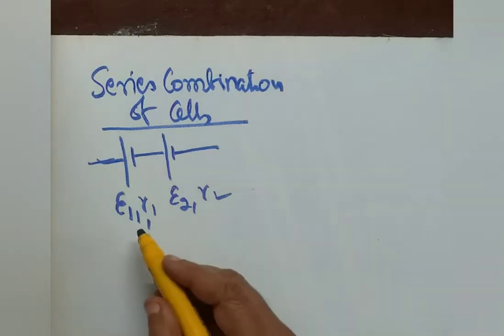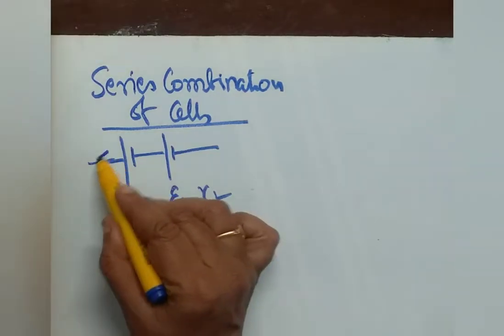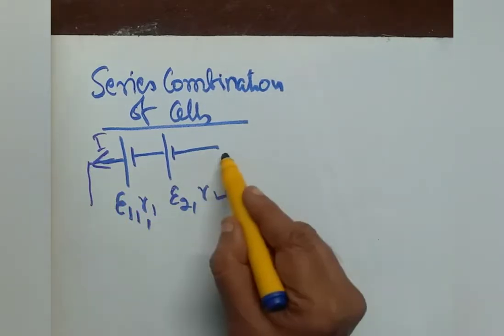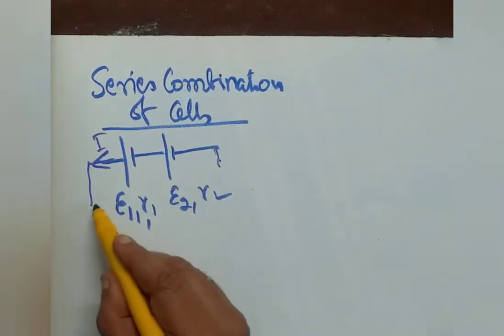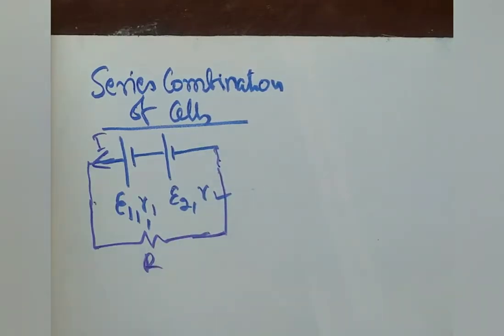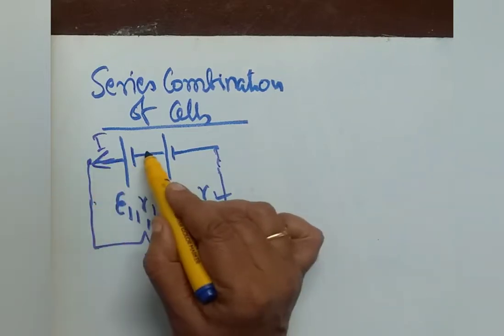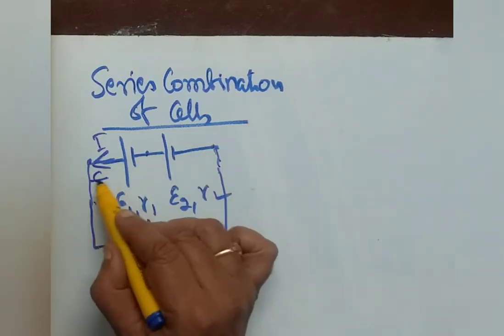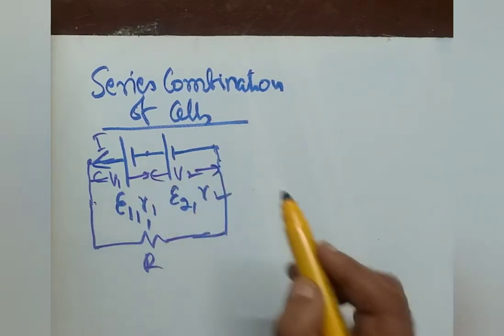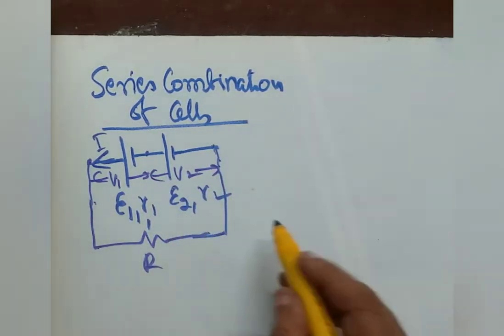So now we start proving that idea. Say current I is passing out of this combination to some circuit which we have not shown. For clarity, you can write capital R there. Now, in this circuit, as it is a series combination, the potential differences across each cell add. We say terminal potential difference across E1 is V1, across E2 is V2.